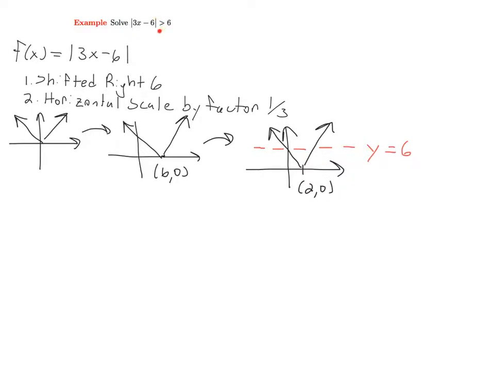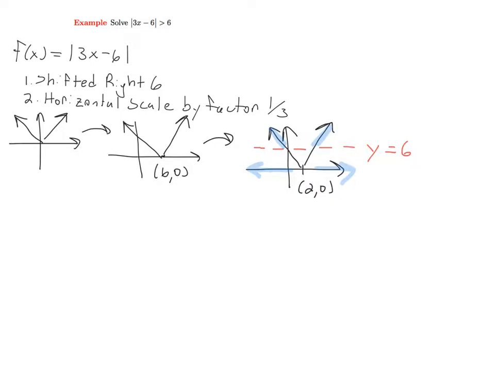So what we should be trying to identify are the values that I'm highlighting in blue and blue. So there's an interval of x values here and an interval of x values here where the absolute value is above the horizontal line y equals 6.